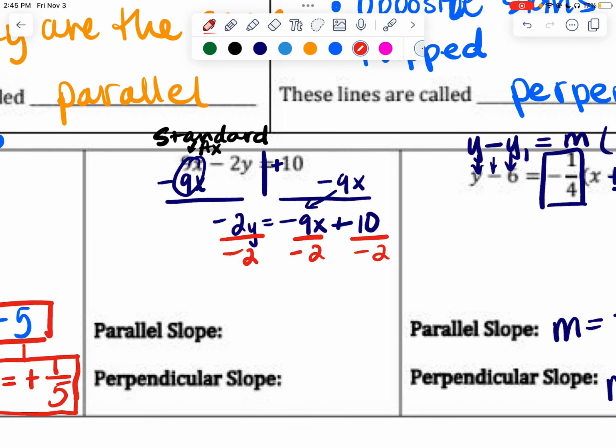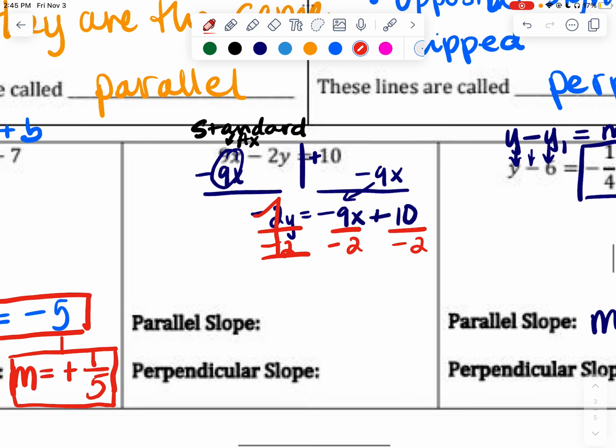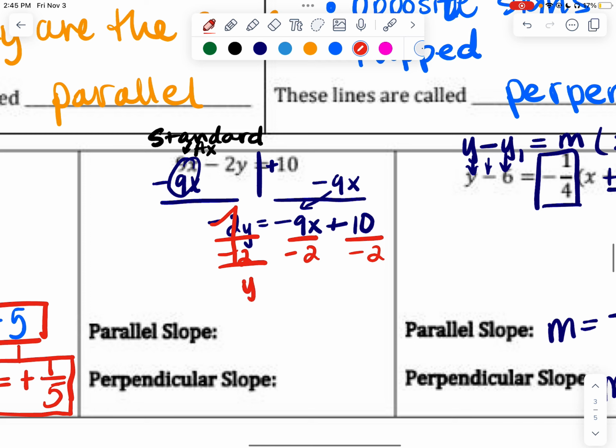Okay, so -2 over -2, same thing as 1. 1y, same thing as saying y equals -9 over -2. When I have a negative over a negative, that's going to turn positive. Positive 9 over 2x. And then divided by a negative, that's going to be a negative 10 over 2, which is 5.